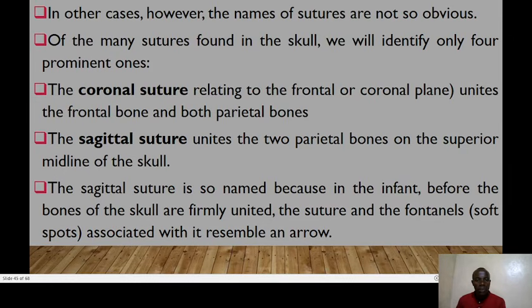This one unites the two parietal bones on the superior midline of the skull. The sagittal suture is so named because in the infant, before the bones of the skull are firmly united, the suture and the fontanelles associated with it resemble an arrow. So that's why it's called the sagittal suture.